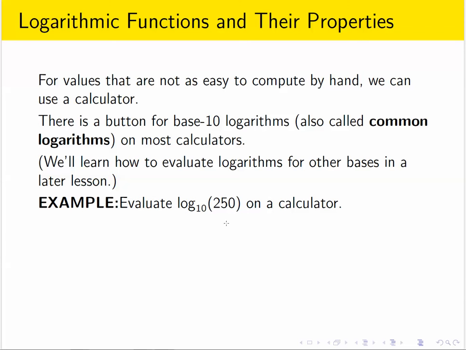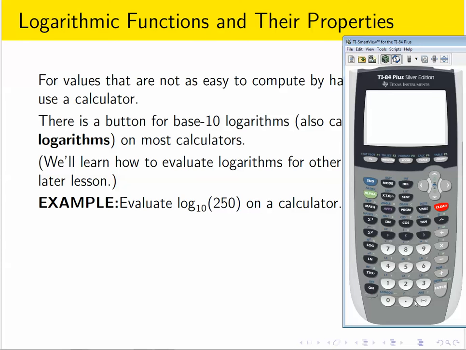Suppose we want log base 10 of 250. If we take a look at the calculator, on this TI-84, on the left-hand side, the fourth button from the bottom, LOG, that's short for logarithm. If I press that button, the calculator is asking me what value to take a logarithm of. I'm going to be taking a logarithm of 250, so let's type that in and hit enter to evaluate.